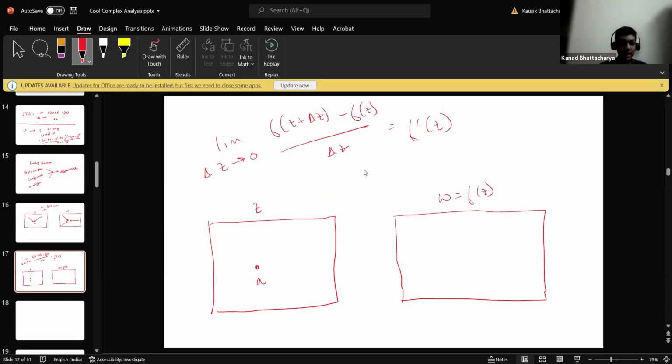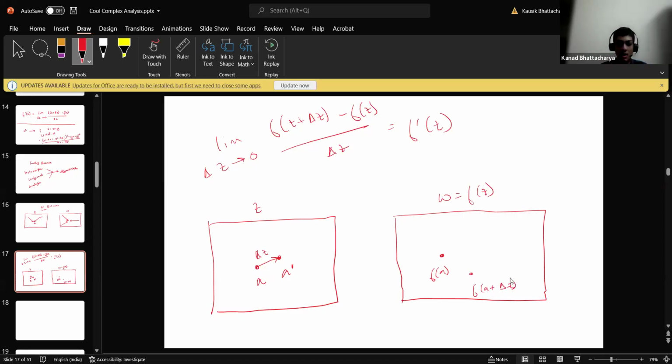So now let's get back to the derivative. Let's say we take a point A and we see what happens as we move some delta z to the right. Let's say we go to this point a dash. Now we look at what happens to f of z. So let's say f of a was over here. We now look at what happens to f of a plus delta z.